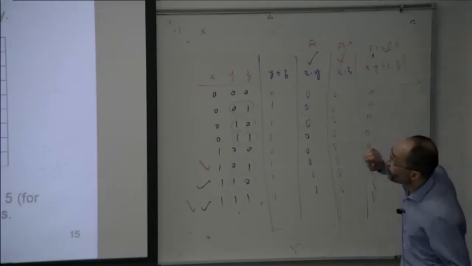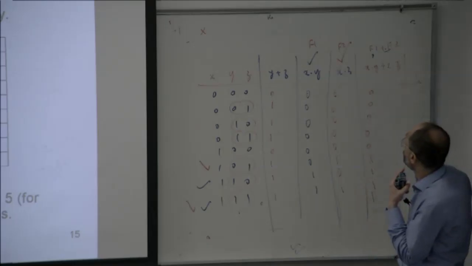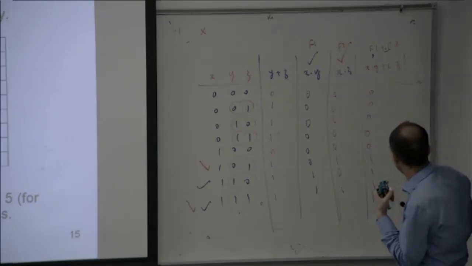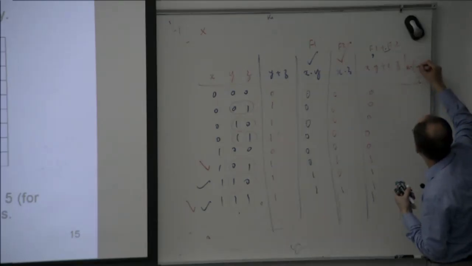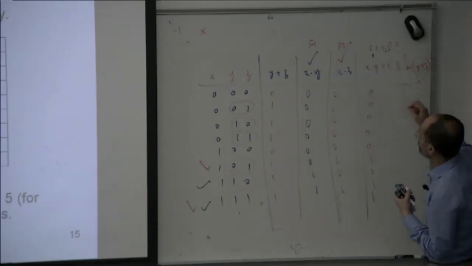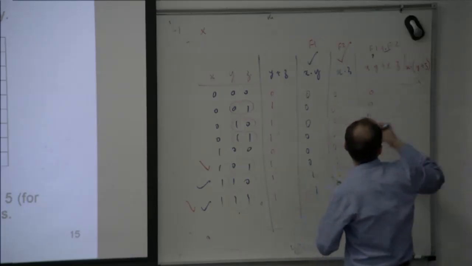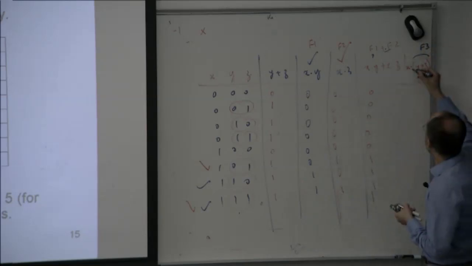Okay, so now we want to prove x dot y plus x dot z equals x dot (y plus z). Where is x dot (y plus z)? Oh, we didn't compute it. Where is y plus z? This column. This is f3, and this is x.